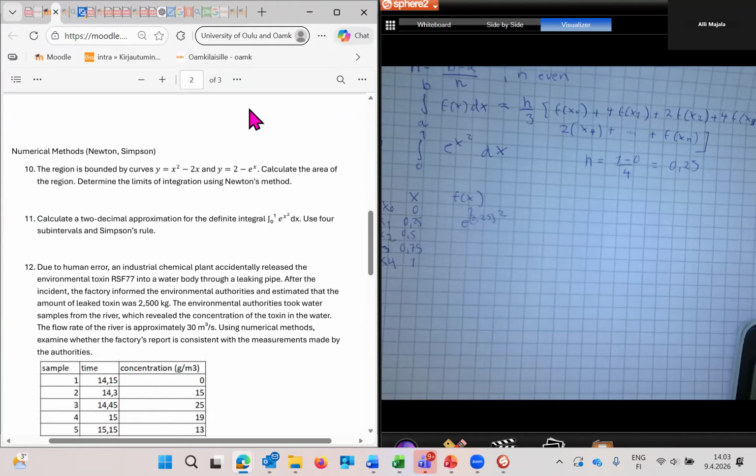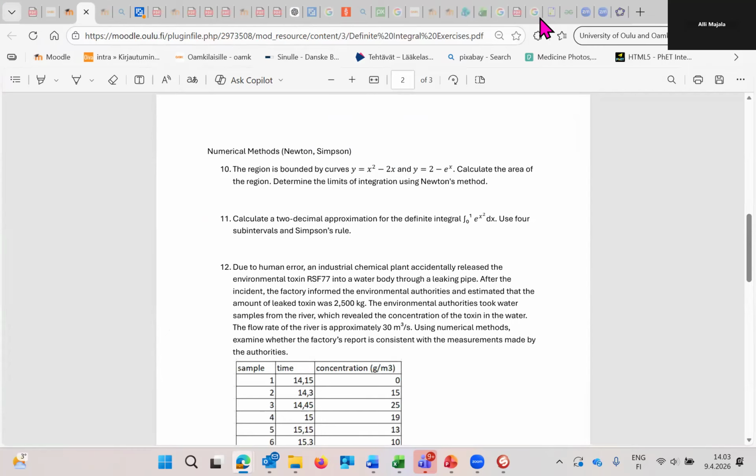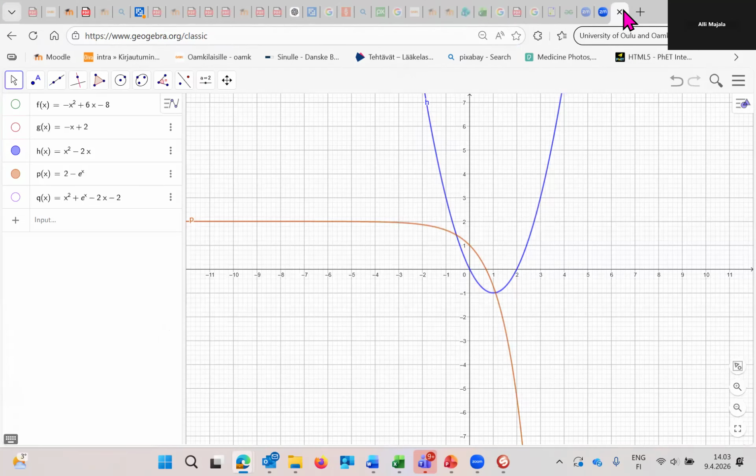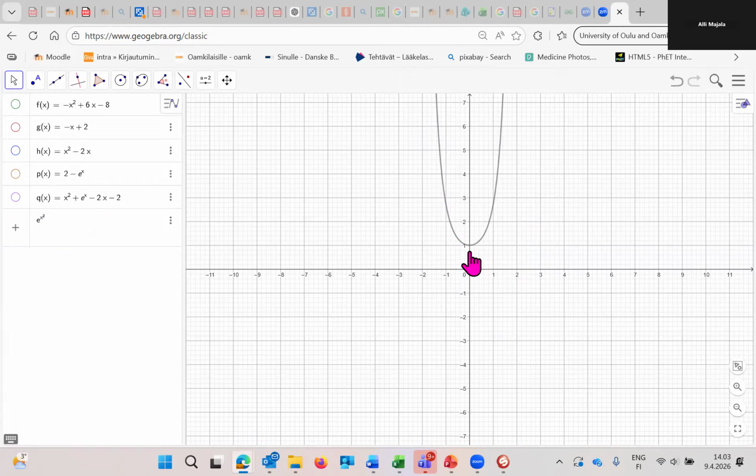And now I still check from the GeoGebra. So my function is a in the power of x in the power of 2. And I was integrating it from 0 to 1.